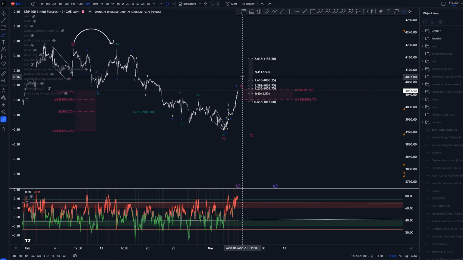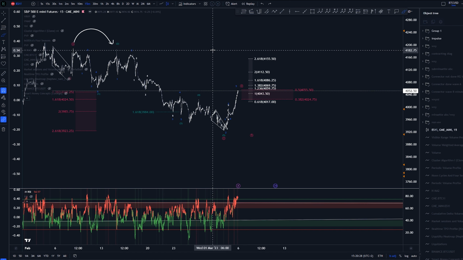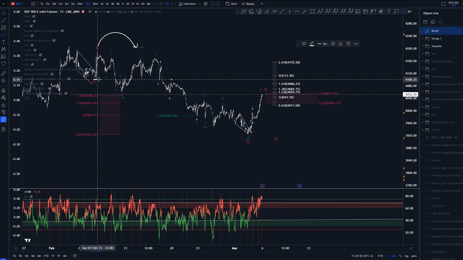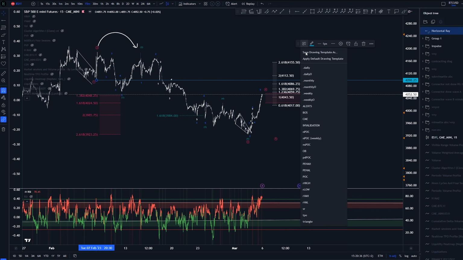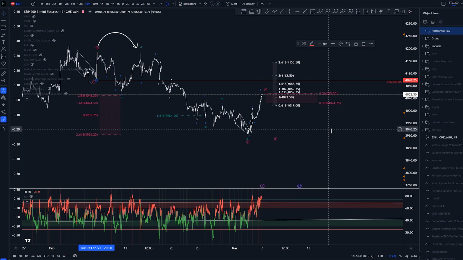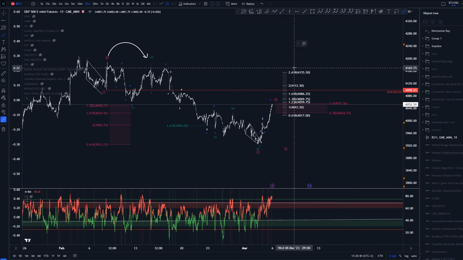The whole invalidation of these ideas would be around 4,100 when the price gets back to the wave 1 territory here. So again, that would be the invalidation for this whole thing. And at that point, I don't know what this is.